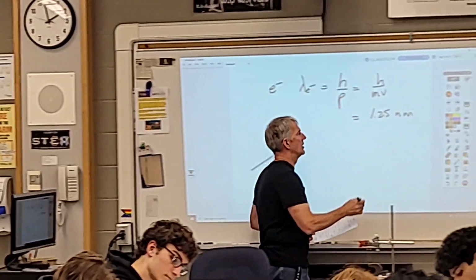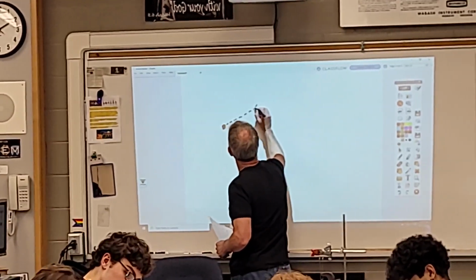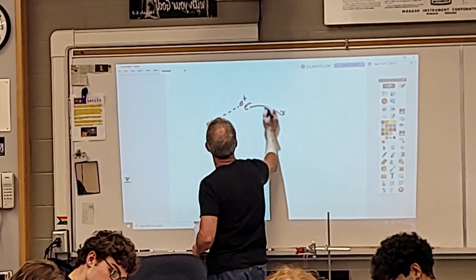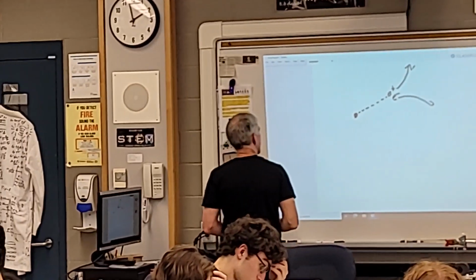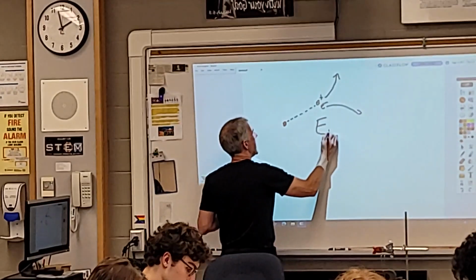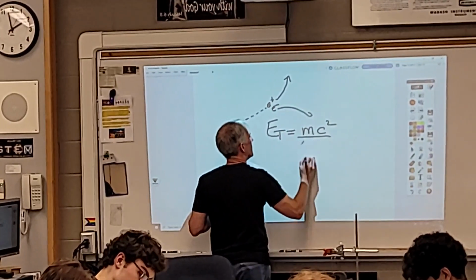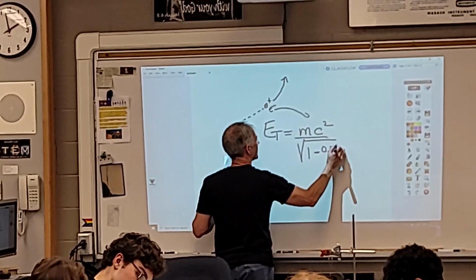The 5th question looks like this. You have this photon moving, and then it just magically turns into a positron and an electron that are both moving at 80% the speed of light. To know their total energy, mc squared all over the relativistic factor for 80%, correct?